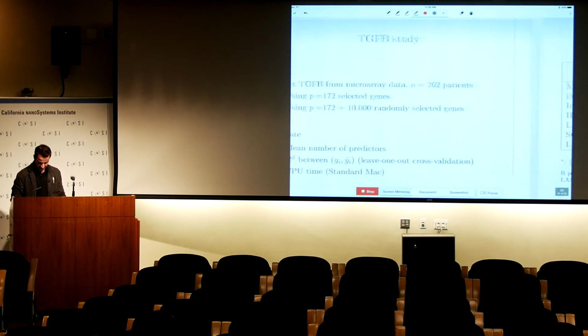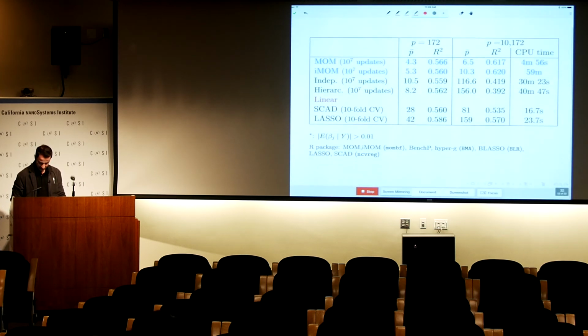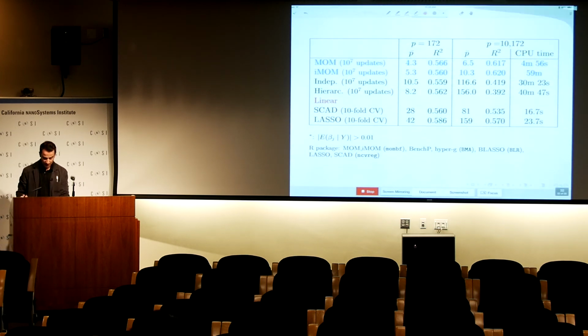I'll just give you a quick idea of a study, because of course the next question is, when you do Bayesian inference, the usual complaint is that I can't really do it for very large dimensions. The reality is that you can, as long as you are willing to remove all the garbage so that you don't have to carry out very heavy computation.